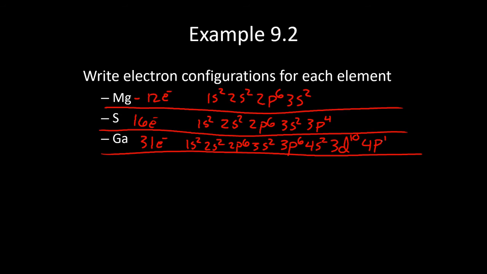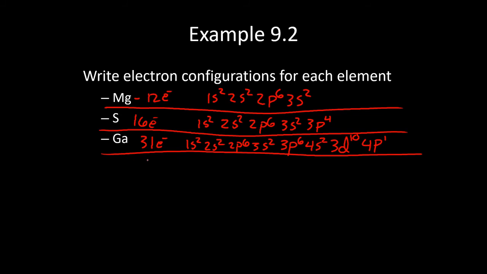So understanding what's going on is actually much more difficult than actually doing the process of writing out these electron configurations. As long as you know the proper order and you can count, it's pretty straightforward. The only tricky parts come in when you forget the rules. So maybe you put things in with incorrect spins or something like that.